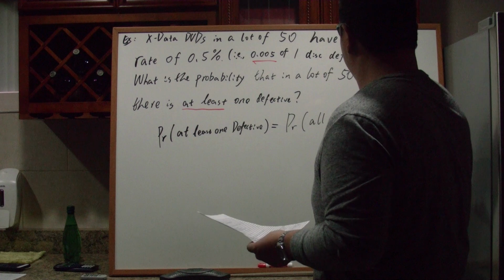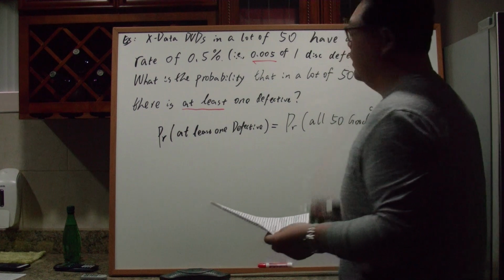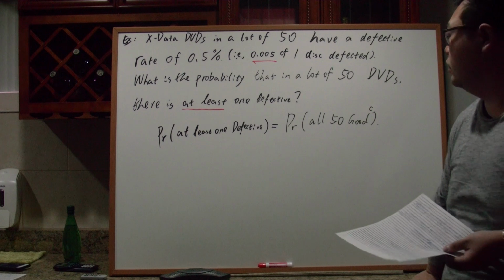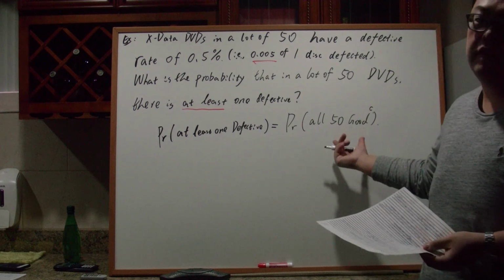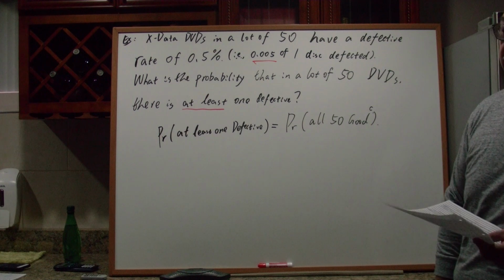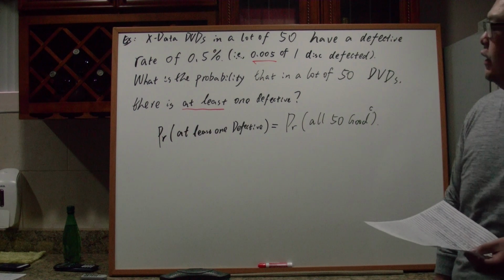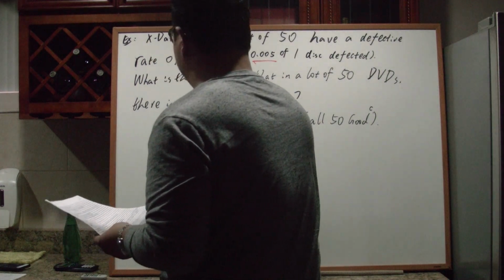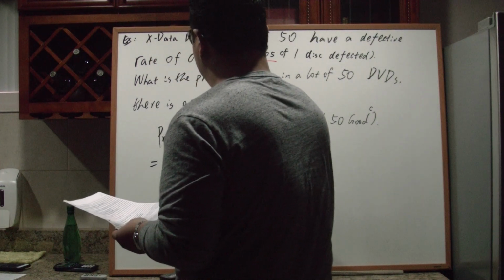It is the complement of all 50 DVDs being good ones. So what we can do, like what we said, is use the complement probability to find it as 1 minus the probability of all 50 being good.